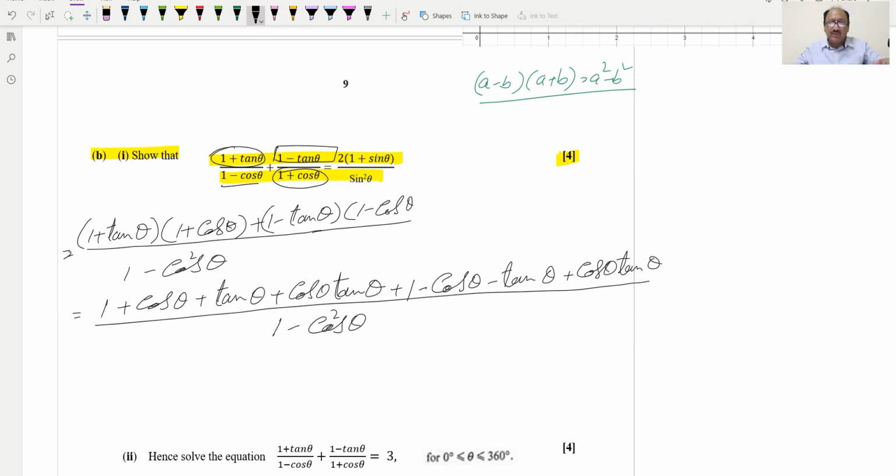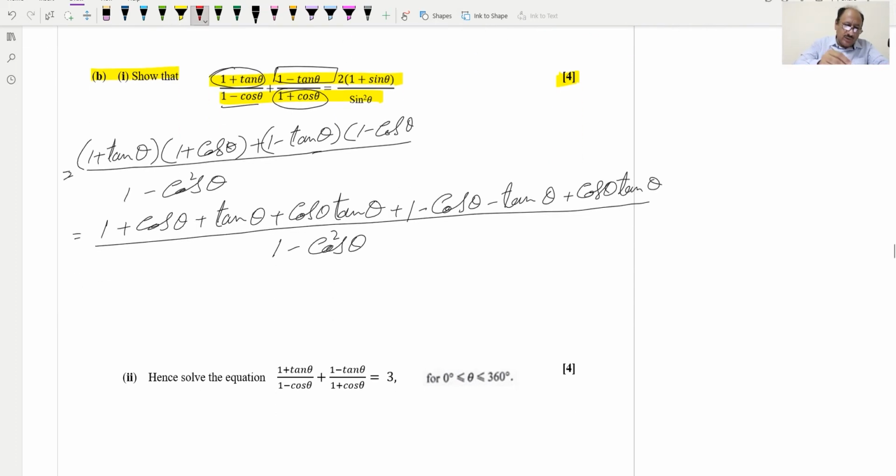And 1 minus cos square theta is, now we can do cancellations first. So cos theta and minus cos theta will be cancelled, and tan theta and minus tan theta will be cancelled. The remaining will be 1 plus 1 will be 2, and plus 2 cos theta tan theta, and divided by this portion will be sine square theta, so we'll write here sine square theta.